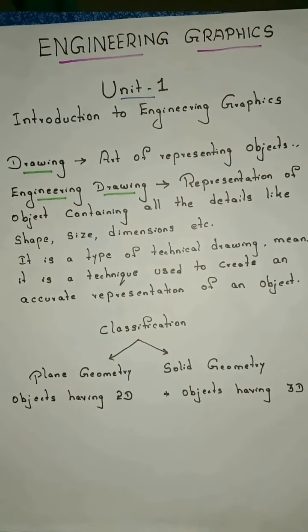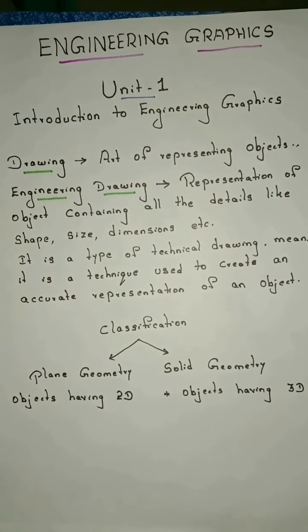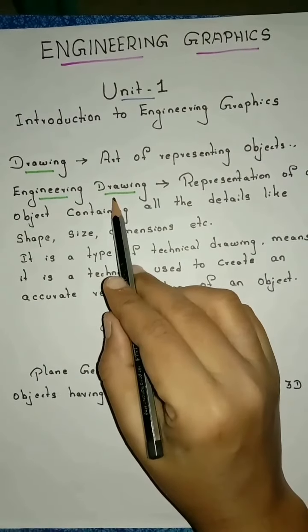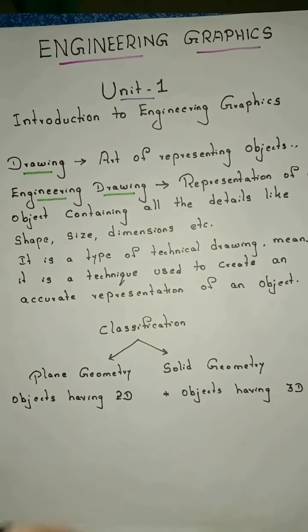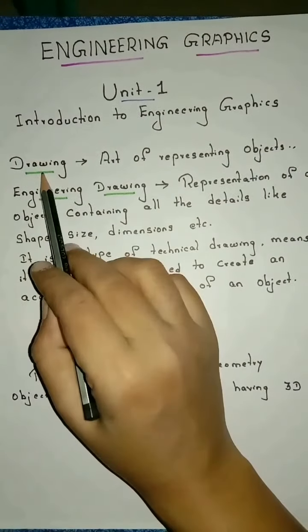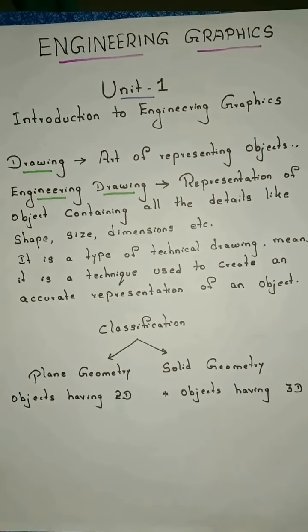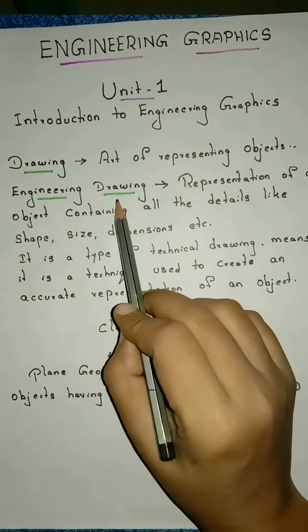Following all the rules and regulations, following all the dimensions, shape, size, that is called engineering drawing. If we are not considering anything, it is simply a drawing. If we are considering dimensions, shape, size and all, that is engineering drawing.